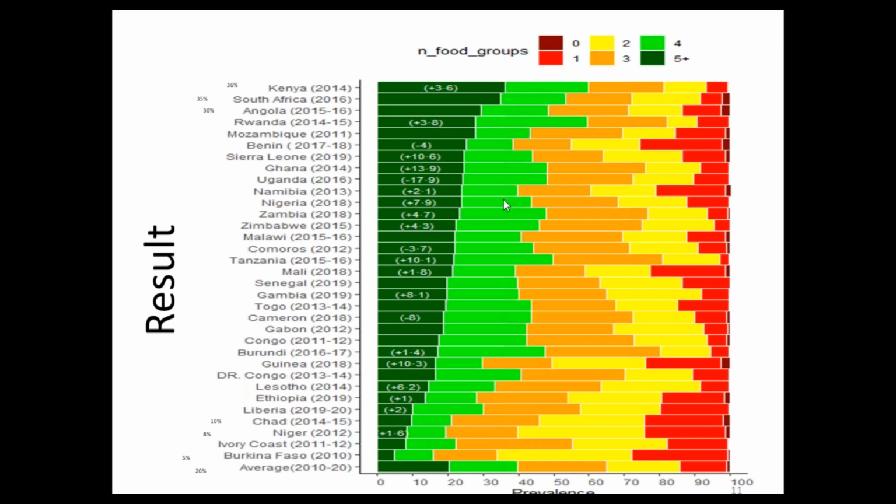The next green is 3 food groups consumed, the next orange color indicates 2 food groups, and the yellow color indicates only 1 food group was consumed, and so on.